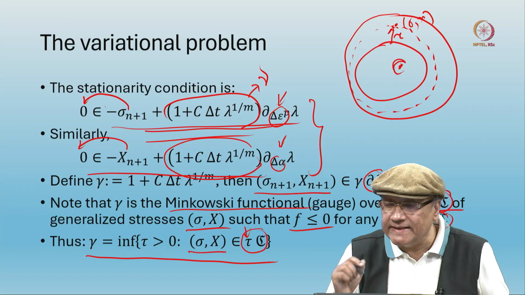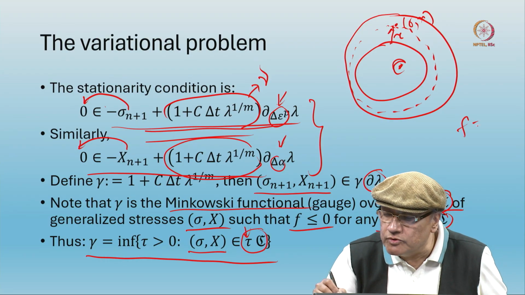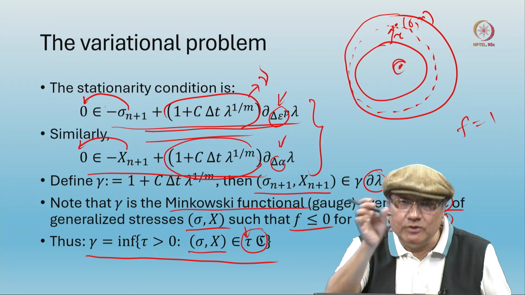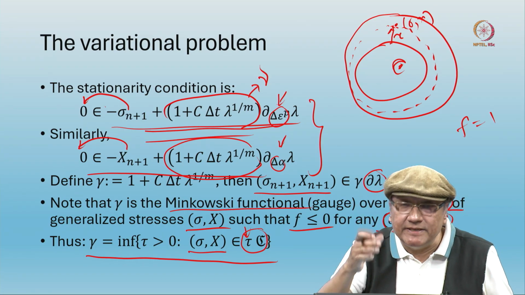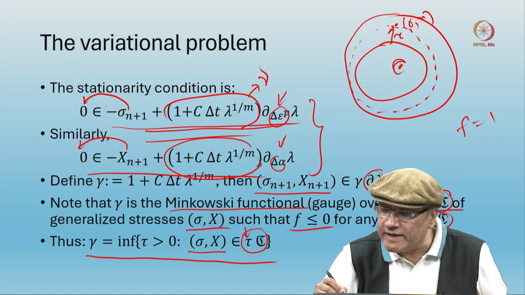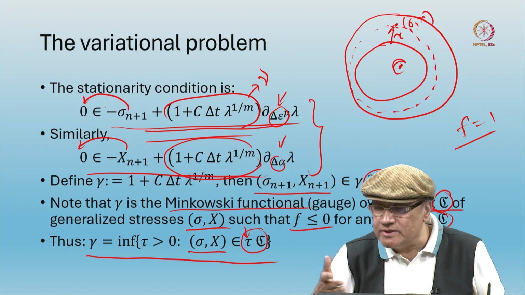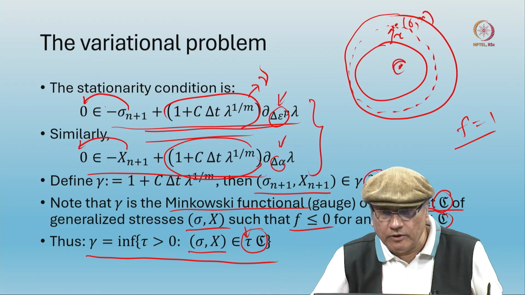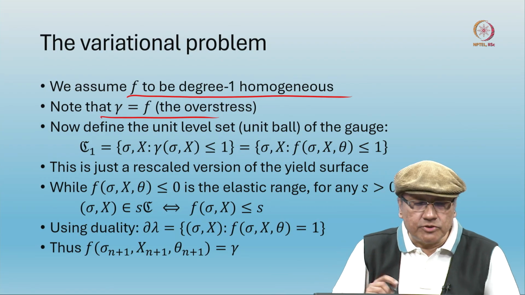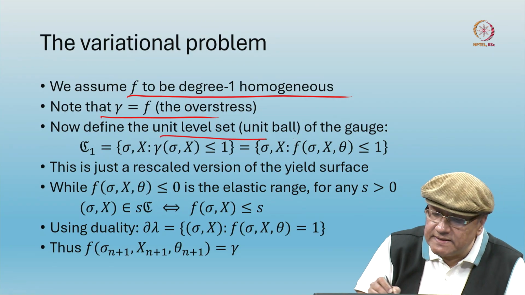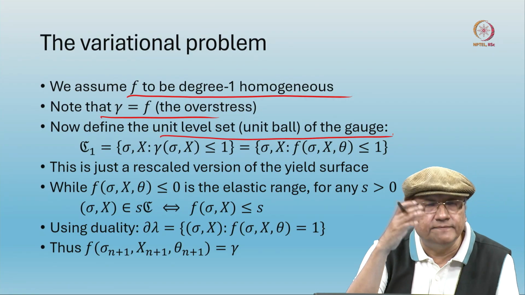You understand, in that case f will always be equal to 1. Whenever f exceeds 0, I can normalize that value appropriately by dividing by that value itself, so that f is always 1. That normalization is helpful because you do not have to deal with a variable value of f, right. So this is called the unit level set, the unit ball of the gauge, okay.